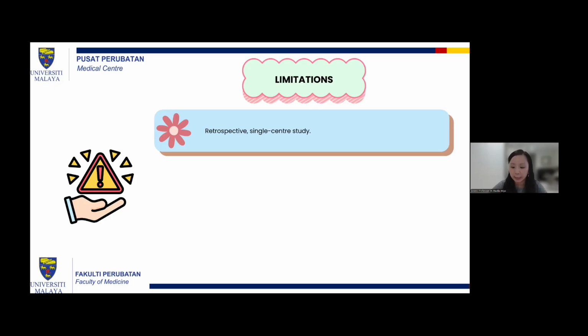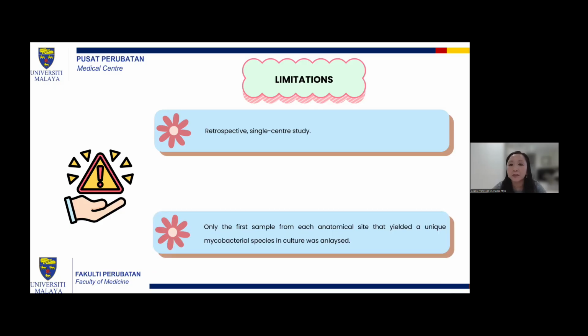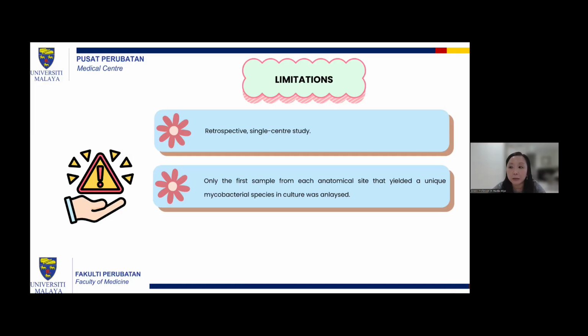Second, we analyzed only the first sample from each anatomical site that yielded a unique mycobacterial species in culture, although we acknowledge that some patients may have had multiple samples from the same site yielding the same species. We did this to exclude duplicates. However, this may have contributed to the lower reported sensitivity of Auramine O smear microscopy in our study.